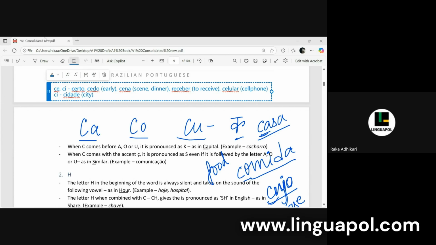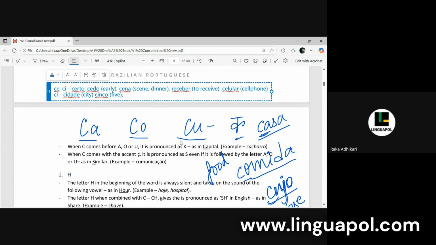So we have a lot of words with CI, like the word cinco. Here, let's focus on the first two letters, that is CI. Here, the sound is S, whereas where we have CO, the sound is K. Same letter with two different sounds. First, it is giving out the sound of S, and later it's giving out the sound of K. So cinco means five, the number five.